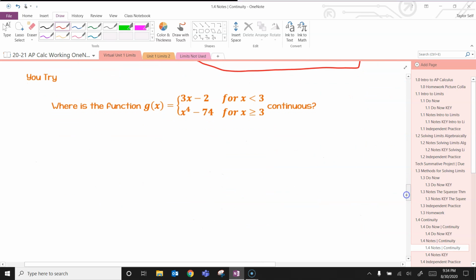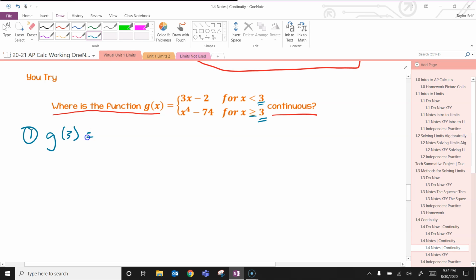Y'all are going to do this one very quickly. Tell me, where is the function g of x continuous? Go. All right. We're going to go through all the steps. So first, does g of 3, the problem child, exist?